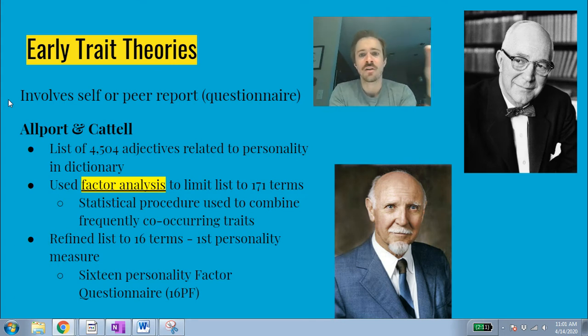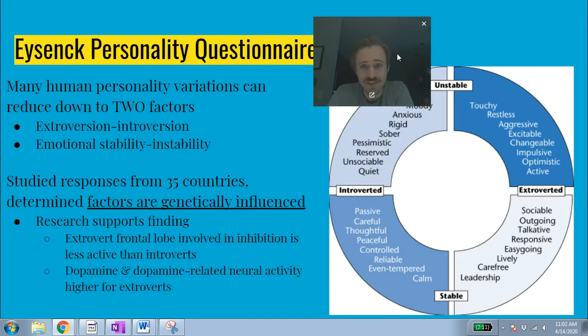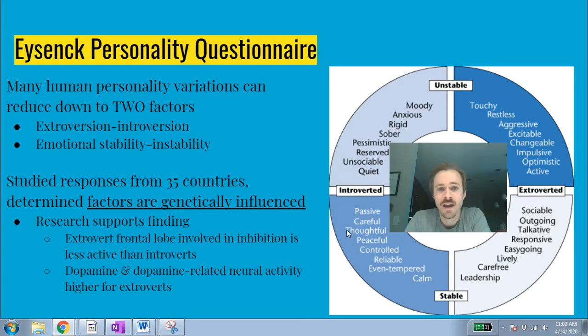They tried to figure out which traits occurred together to the point that the correlation was statistically significant, not just happening by chance. So they developed the first ever trait theory and questionnaire, the 16PF, or 16 Personality Factor. You don't really need to know it, but you do need to understand they used factor analysis to do this.